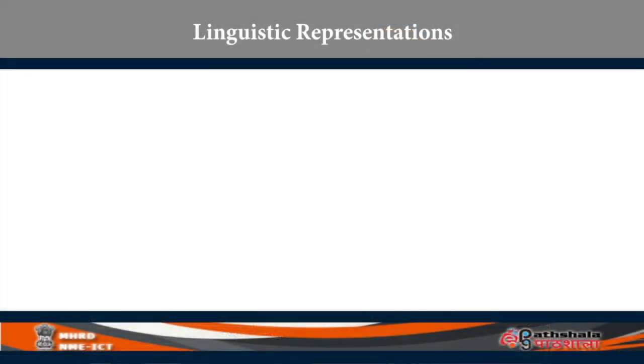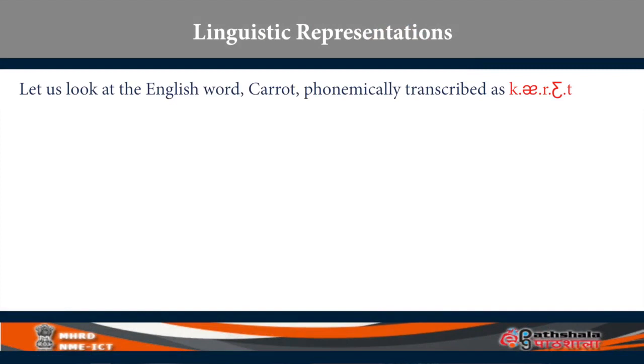Let's look closely at what linguistic representations are, and examine this in relation to the English word carrot. Carrot, how many phonemes are there? You have k, a, r, a, t, 5. How many syllables are there? 2. And where is the stress falling?